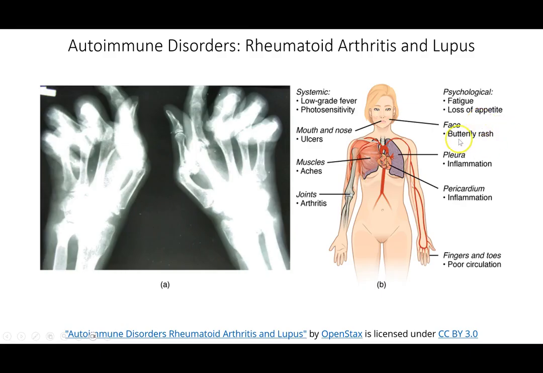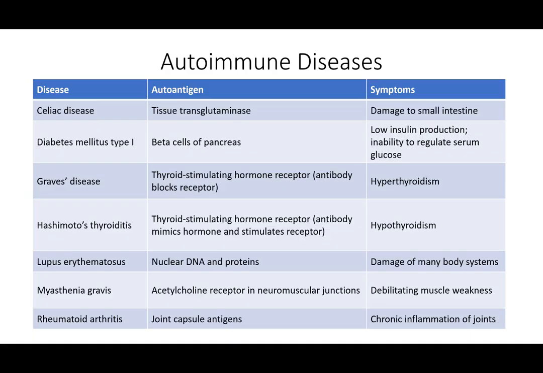So that butterfly rash is one really common symptom in lupus, as it's attacking certain tissues in the face. There can be a lot of inflammation of the heart and lungs, joints, digestive organs, stuff like that. Blood vessels as well can be attacked. So lupus is a pretty widespread generalized autoimmune disorder.